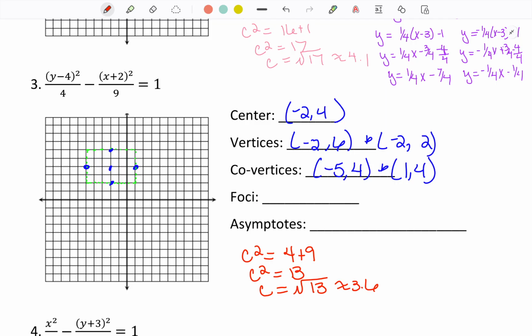So that gives us foci at -2, 7.6 and -2, 0.4. So about here and then here.